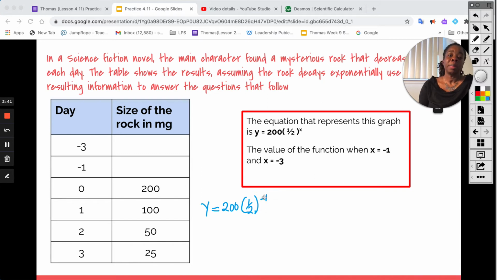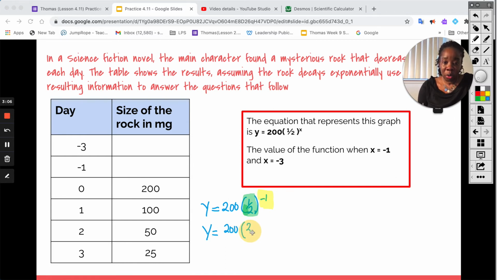So the way we set this up is y is equal to 200 times 1/2 raised to the -1. Remember, when we see a negative exponent, we know it represents the reciprocal of the term that is being raised to that particular exponent. So the way we do that is we take the reciprocal, which is flipping it. So y is going to be equal to 200 times, what's the reciprocal of 1 over 2?